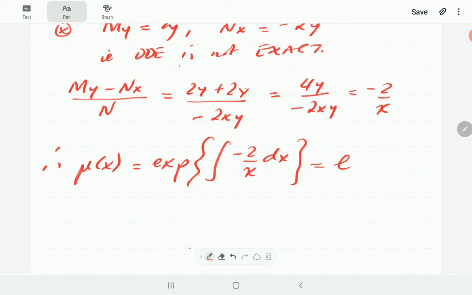So this is going to be e to the power negative 2 ln x. And so if we simplify that, it's just going to give us 1 over x squared if you use the properties of natural logs and stuff.